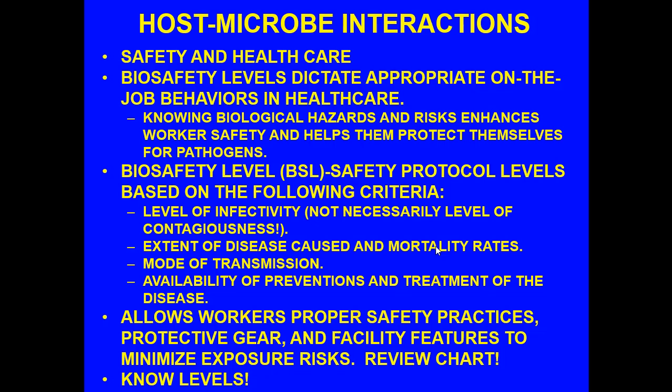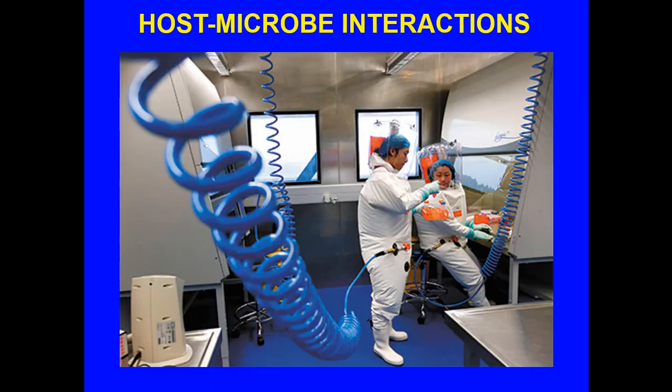Understanding the BSL levels allows workers to use proper safety practices, protective gear, and facility features to minimize exposure risks. This is where I want you to review the chart and understand the levels. Here are two individuals in pressurized suits. Even the headgear itself is sort of a bubble.